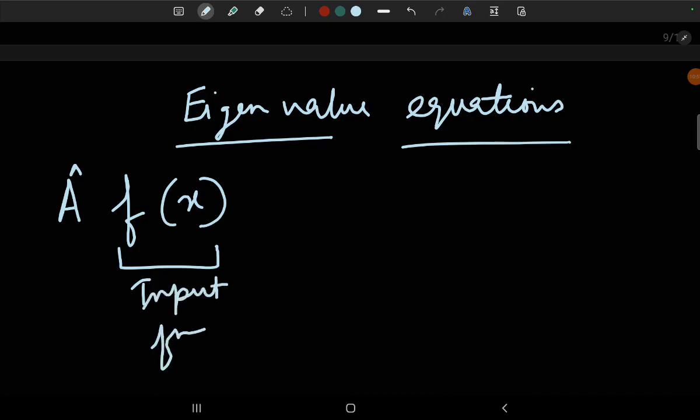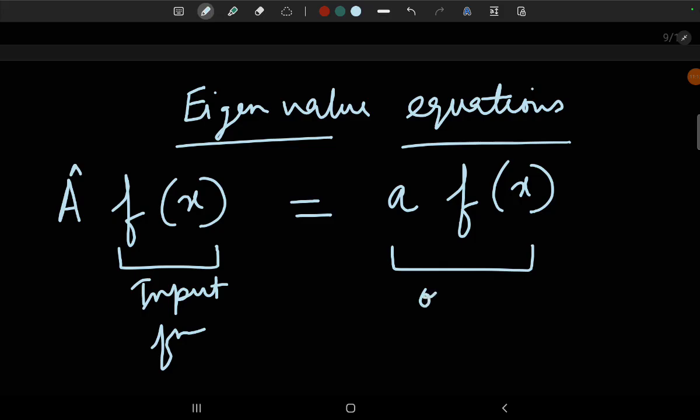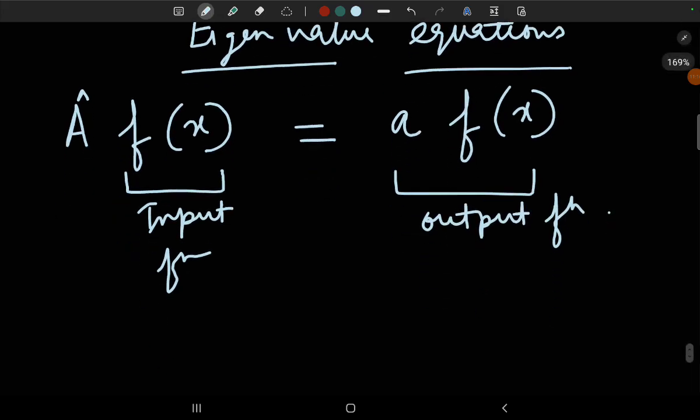If the output of this equation, the operator acting on f of x, is actually the same function f of x multiplied by some constant a, this is the output function, then these types of equations in maths are referred to as eigenvalue equations.